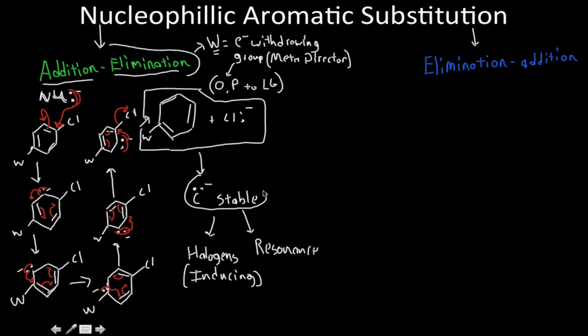So that's addition elimination. The first thing that happens is the nucleophile adds, and then the carbanion bounces around, and eventually moves the leaving group off. And so that's how that reaction works.